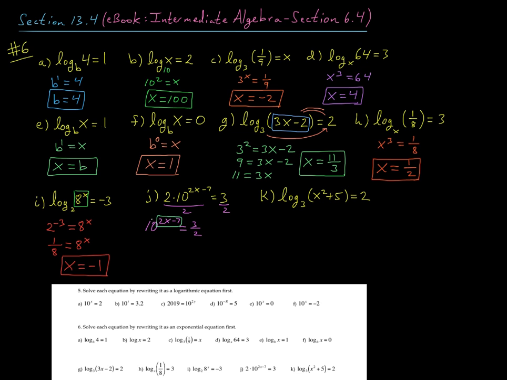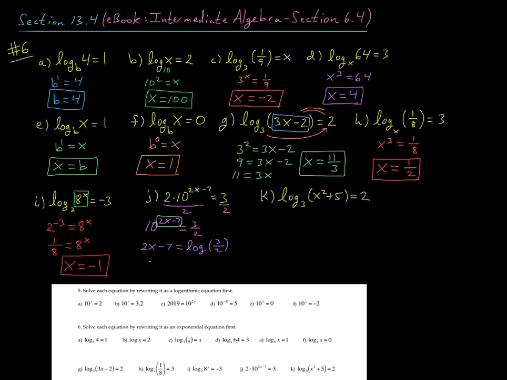My exponent, 2x minus 7, that entire expression, is going to equal the log, and the base of the log would be 10, because the base of the exponential expression is 10. I'm not going to write in the 10, of 3 halves. So 2x minus 7 is equal to the log of 3 halves.